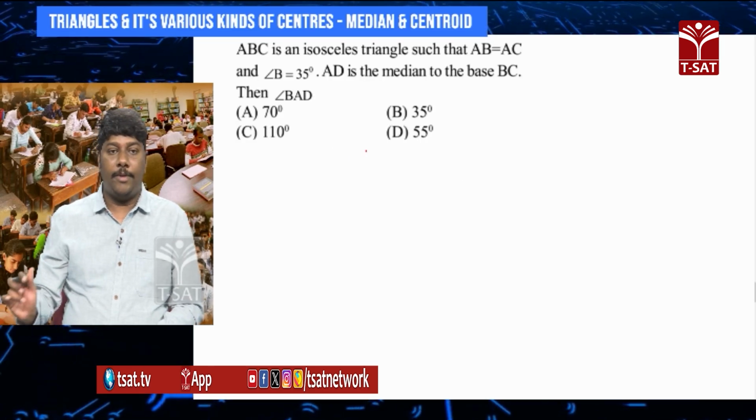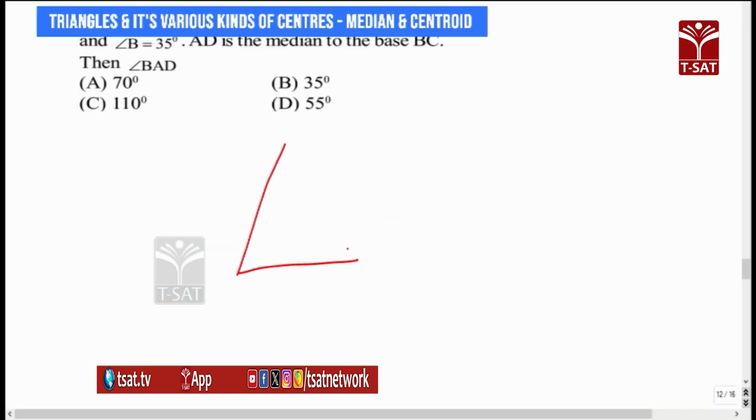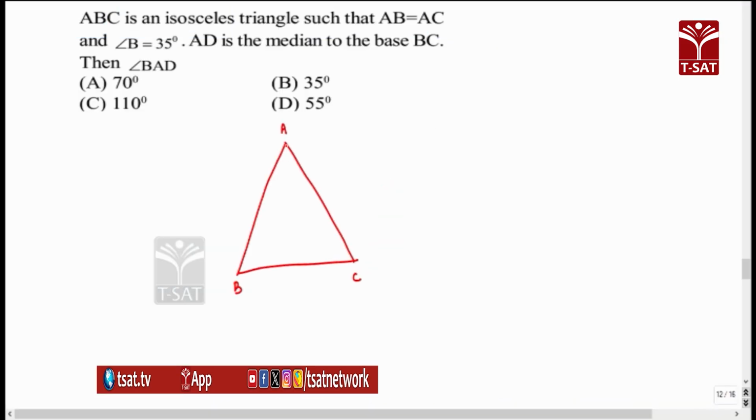Here in this problem, ABC is an isosceles triangle. AB is equal to AC. Here he says AD is a median. You can take AD as an altitude also. It becomes a median, and in an isosceles triangle, the median is also the altitude and everything else also. Altitude means it is a right angle. Angle B is equal to 35.